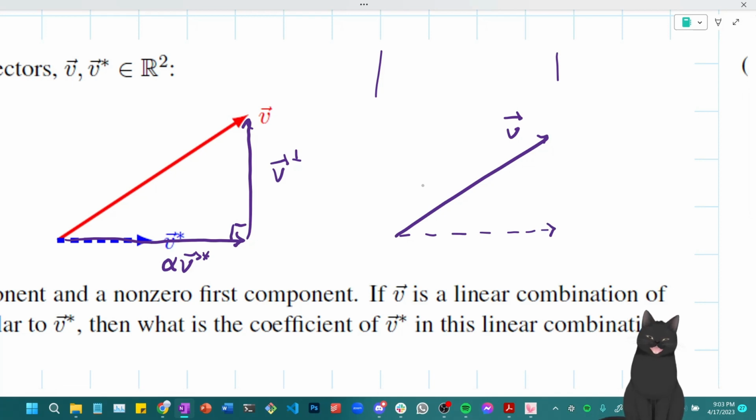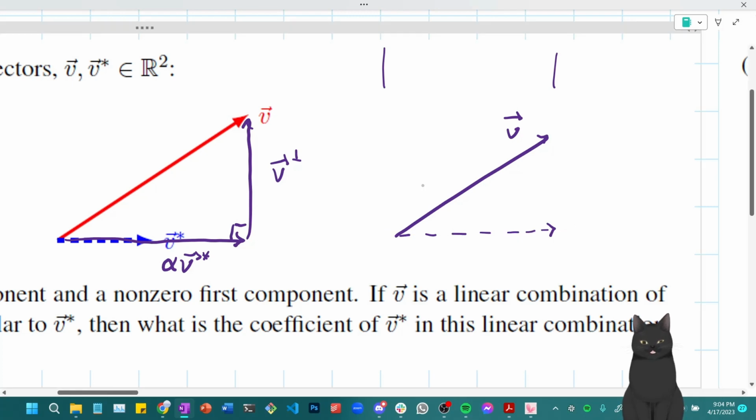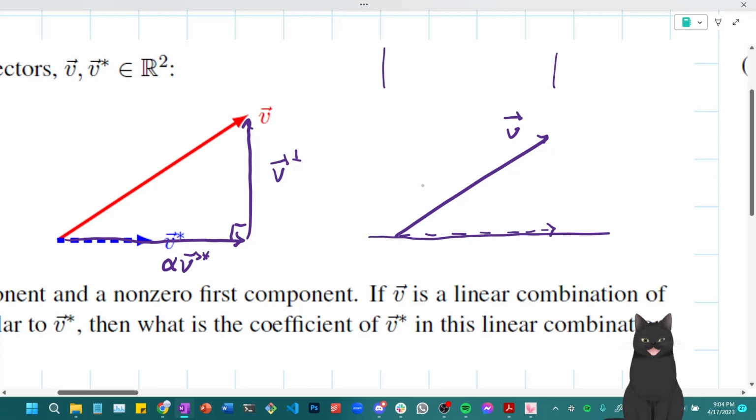What is the shadow of v when it's struck by this light that comes right down? Or in other words, what is the projection of v onto the horizontal x-axis? If v has a component along this horizontal axis, how long would that component be?